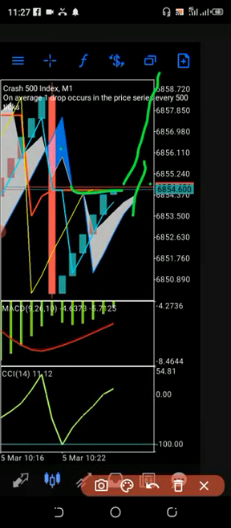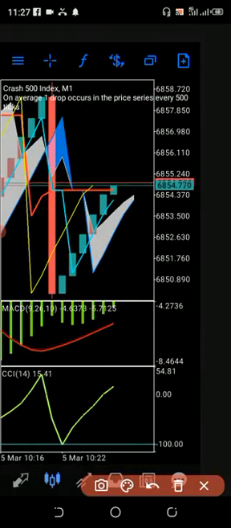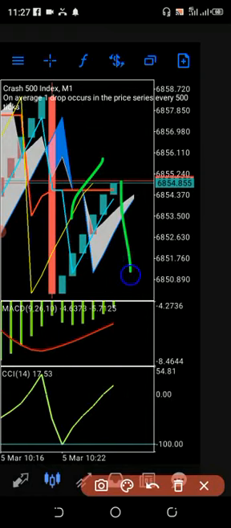But at this point, the work of this yellow line is to look for support and resistance. That is the work of this line. The yellow line always looks for support and resistance. So this yellow line can dictate a resistance level somewhere, and this thing will drop.